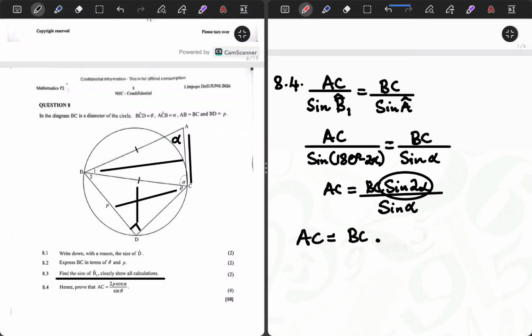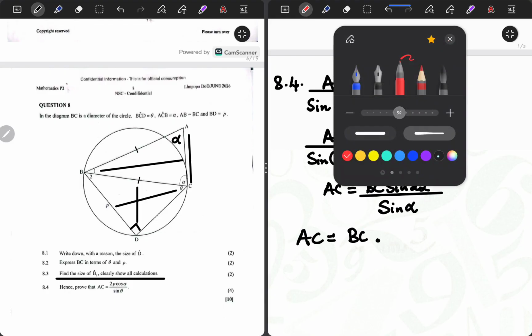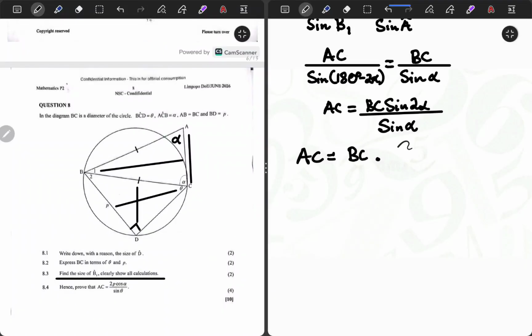Meaning that where there's sine 2 alpha, we'll replace it by 2 sine alpha cos alpha over sine alpha.